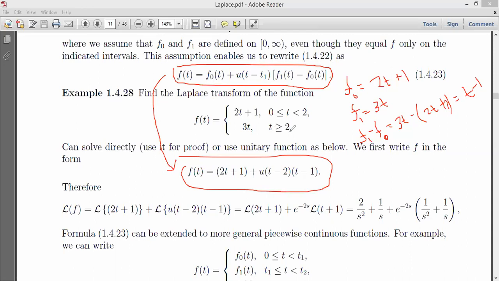Remember, it is an integral from 2 to infinity, so that is the t minus 2, the interval, if you remember that graph I drew. So you are moving from 2 to infinity, that is the t minus 2. Then you have the f1 minus f naught, that is the t minus 1, which is this one here.